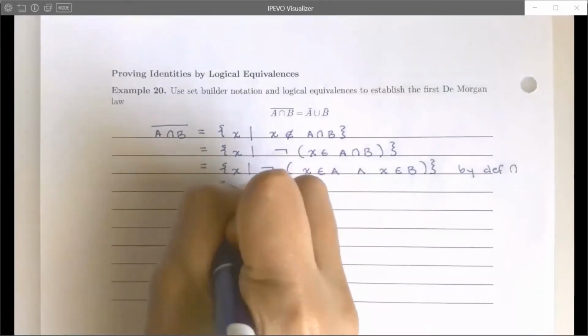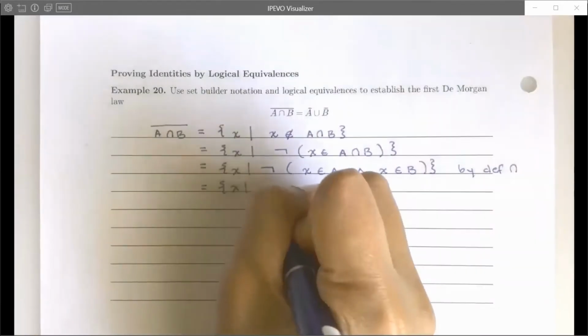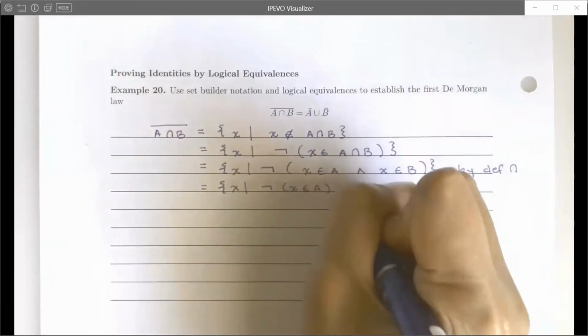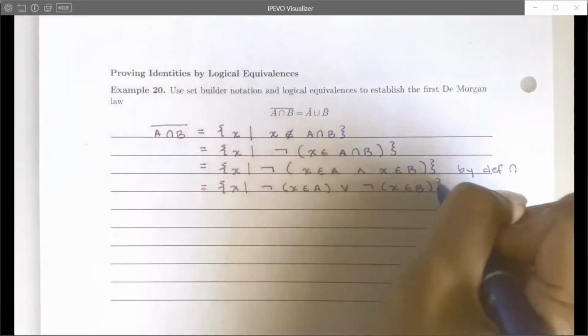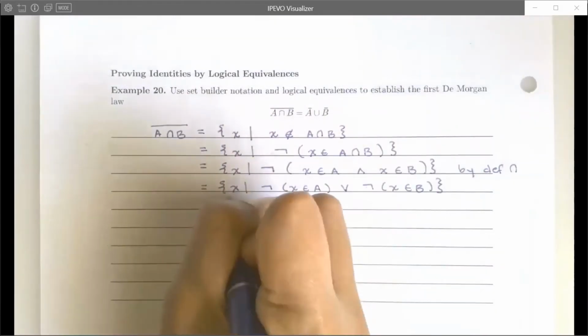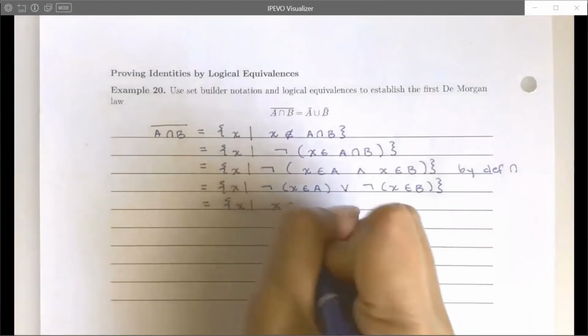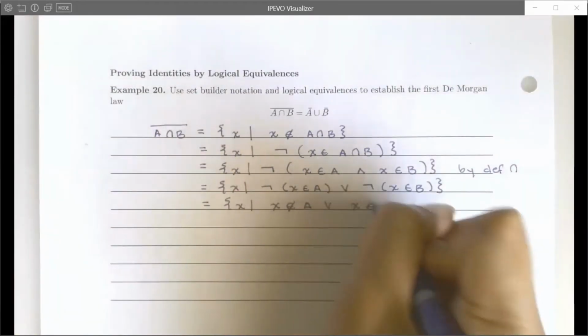Now, if we apply De Morgan's law for compound propositions, that means that this is the negation of x is in A or negation of x is in B. And so what that means is this is a set of all elements such that x is not in A or x is not in B.